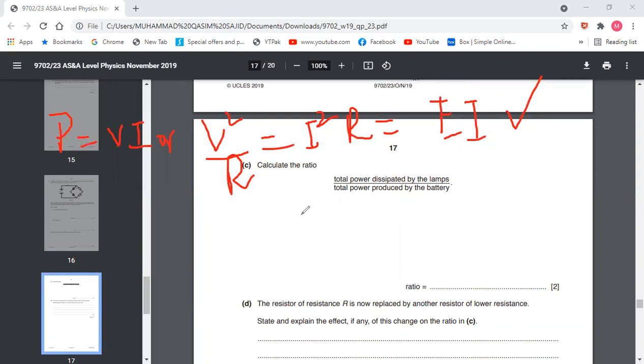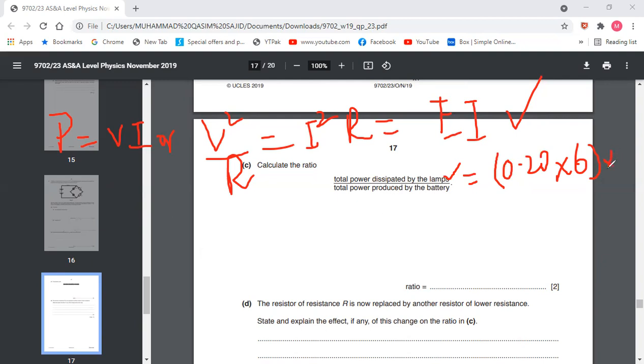The current for the lamp is 0.2 into the 6, and the resistance 30. No, resistance of the lamps, voltage. Sorry, we are using V in this. Resistance was also given, but okay, never mind. You can use any formula. It totally depends on you.